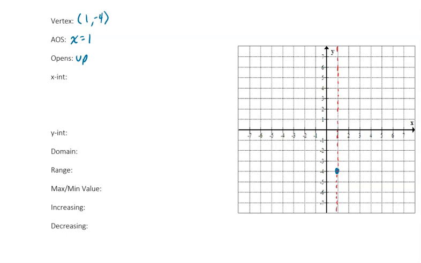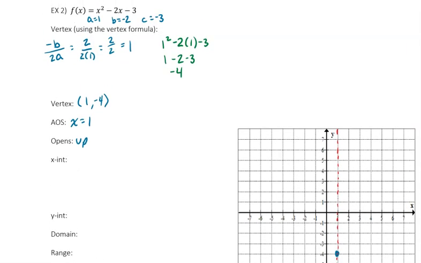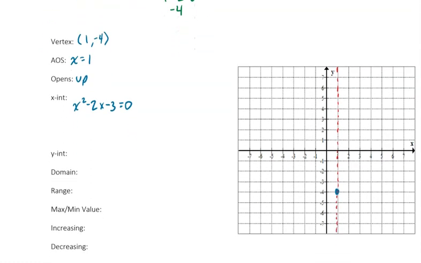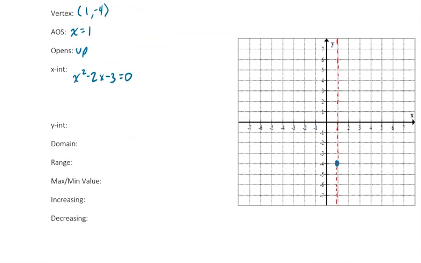All right, x-intercept is next. So for the x-intercept, we set the function equal to 0, and then we solve it. So our function, again, was x squared minus 2x minus 3. And we're going to be setting that equal to 0. So again, solve this however you like.